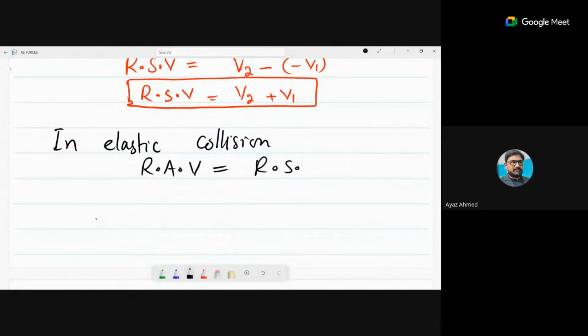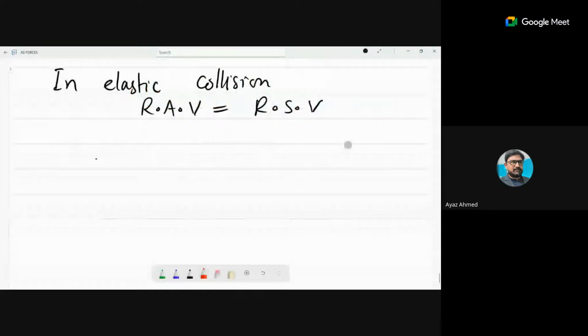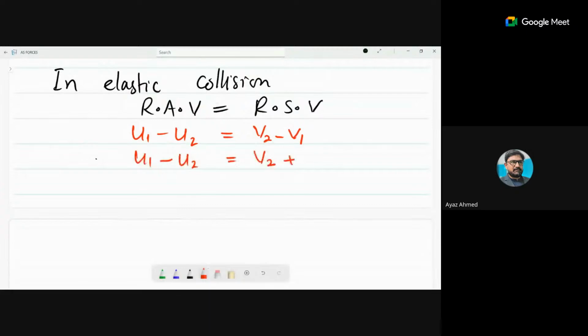So the equations can be written this way: u1 minus u2 equals v2 minus v1, or u1 minus u2 equals v2 plus v1, or u1 plus u2 equals v2 minus v1, or finally u1 plus u2 equals v2 plus v1.